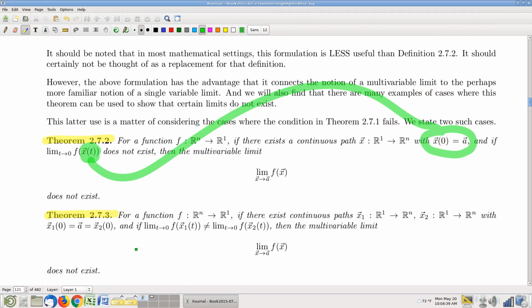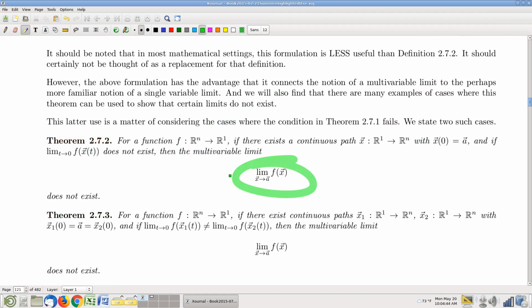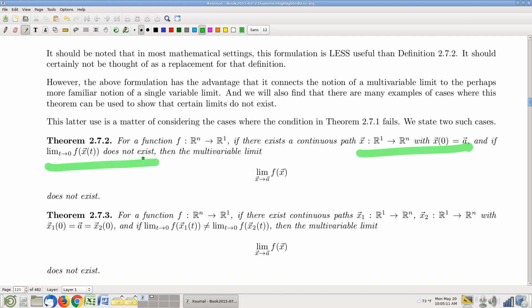So this approach of looking at individual paths is not a reliable way to understand multivariable limits. But it is a reliable way to show that limits don't exist. If there is some perfectly innocent path along which the limit doesn't exist, then the much more delicate multivariable limit couldn't possibly exist.